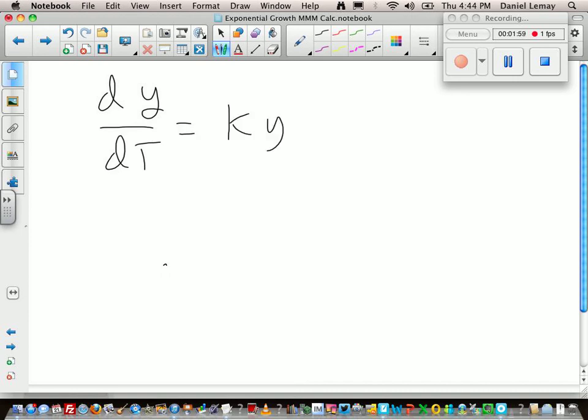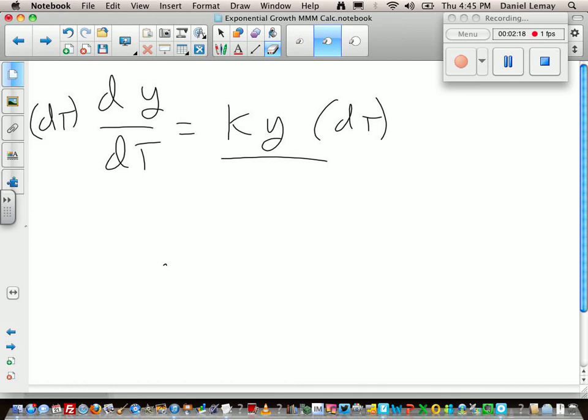Well, to separate the variables, I want to get the y's with the y's and the t's with the t's. Of course, I'm only seeing the dt, so that means I'm going to multiply both sides by dt, pretend this is a fraction for a minute, and then I'm going to divide by y.